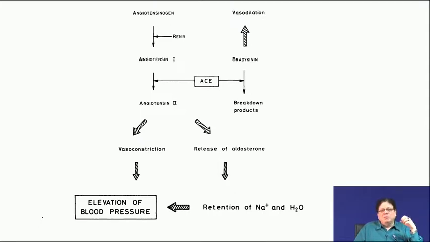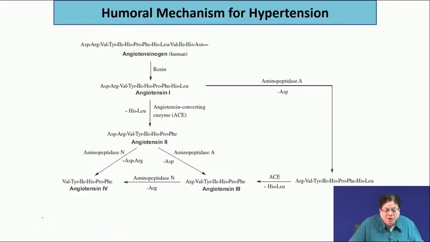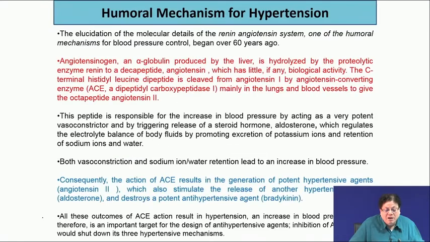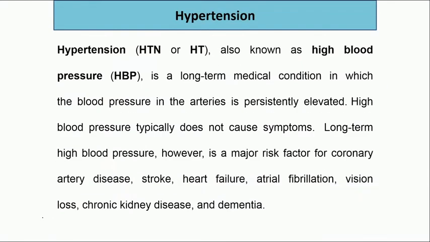Now, sodium is a little bit easier because you can cut down the intake of salt, but if there is a breakdown of other metabolic processes, then you have to be very careful. You can target those metabolic processes and then see how the blood pressure can be controlled. Okay. Now, one such humoral mechanism of increasing the blood pressure is what is called the Renin-Angiotensin system. I will come back to that Renin-Angiotensin system.